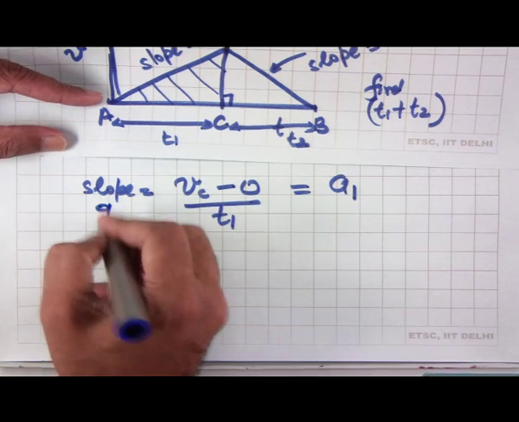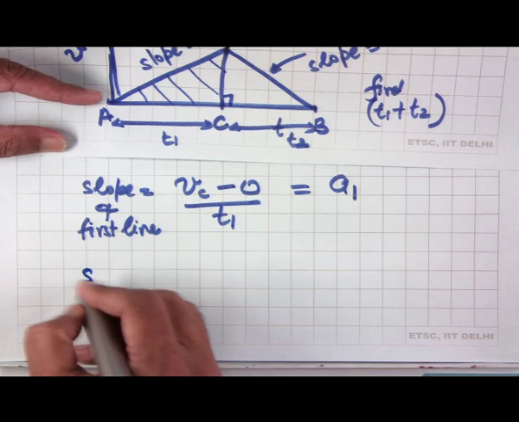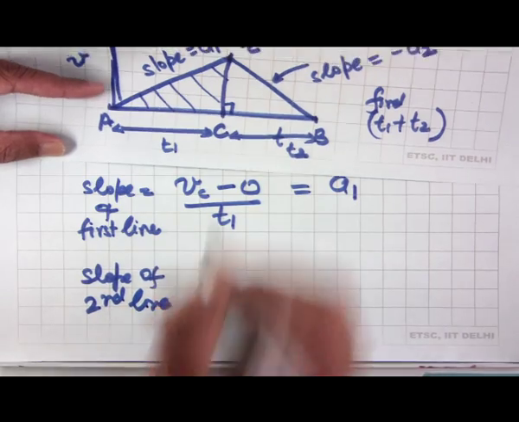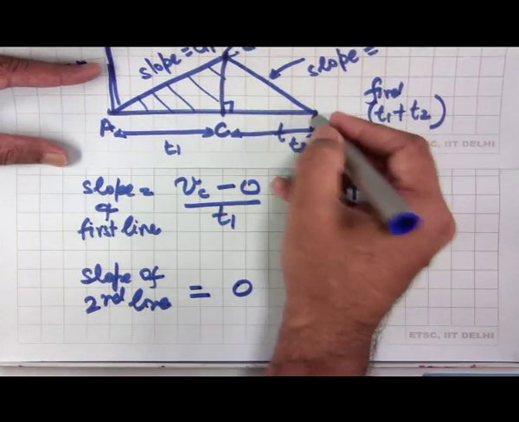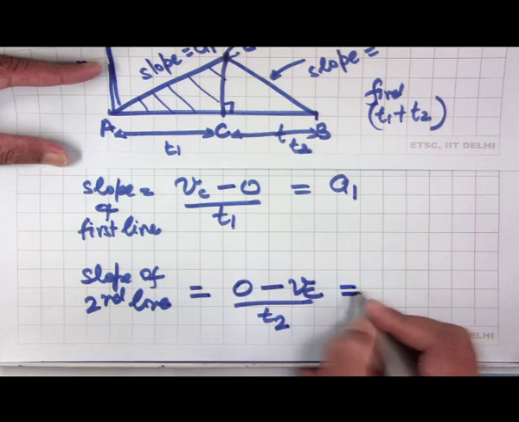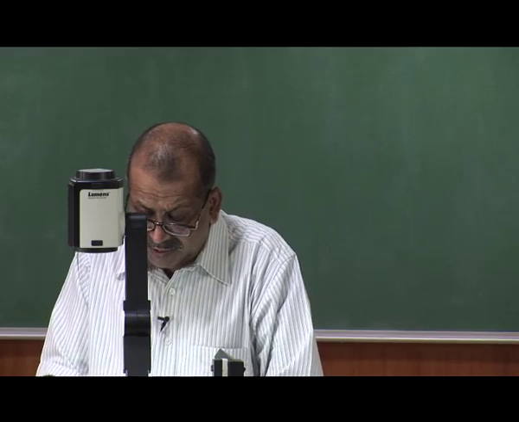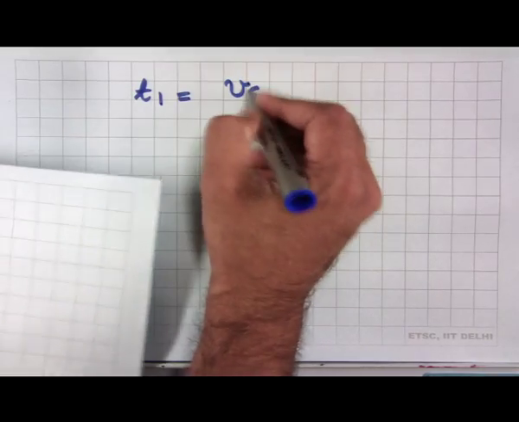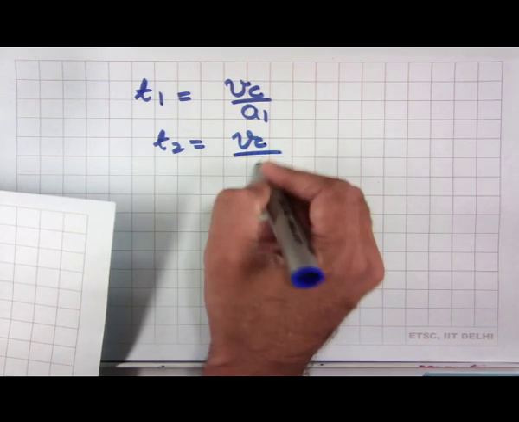This is the slope of the first line, and the slope of the second line, which is basically CB, will be given as 0, the velocity at B, minus Vc divided by T2, and this is equal to minus A2. So, from here what we get is T1 is equal to Vc upon A1, and T2 is equal to Vc upon A2.